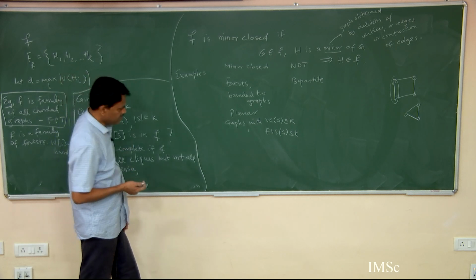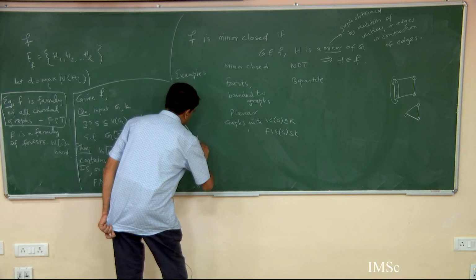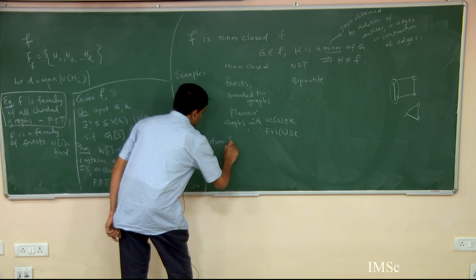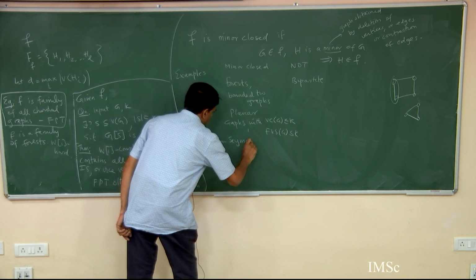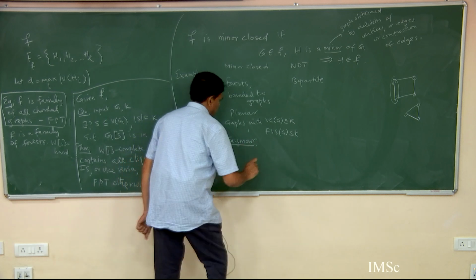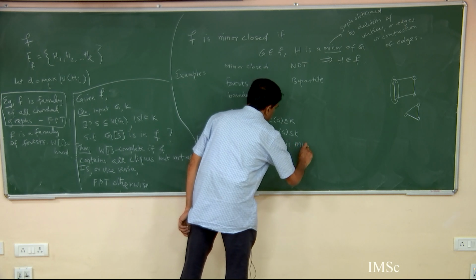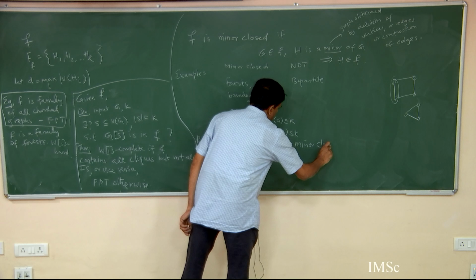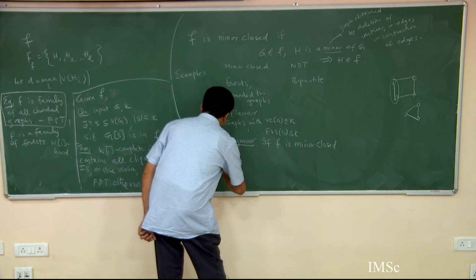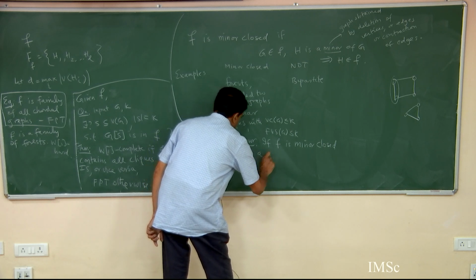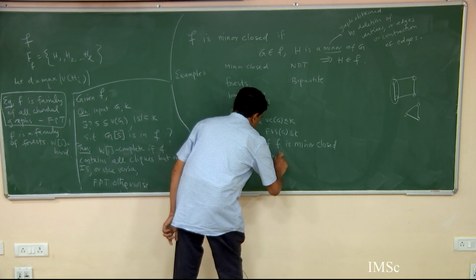Now, this famous theorem of Robertson-Seymour is the following. If F is minor closed, then F has a finite forbidden set.